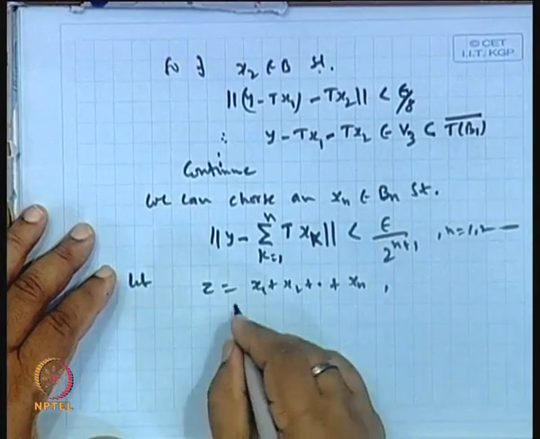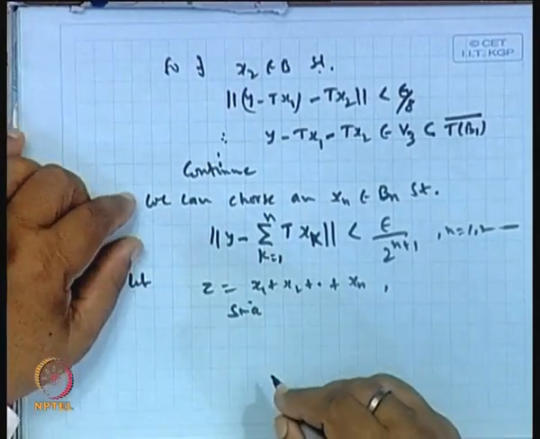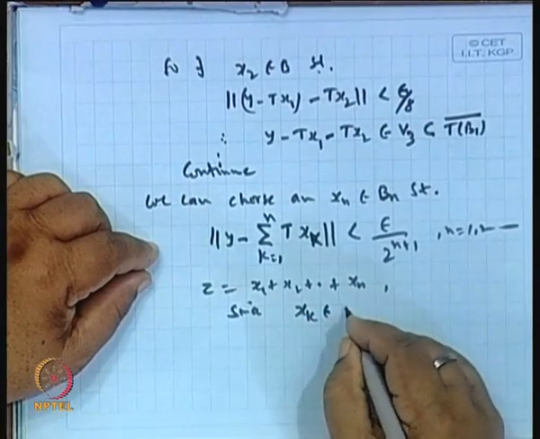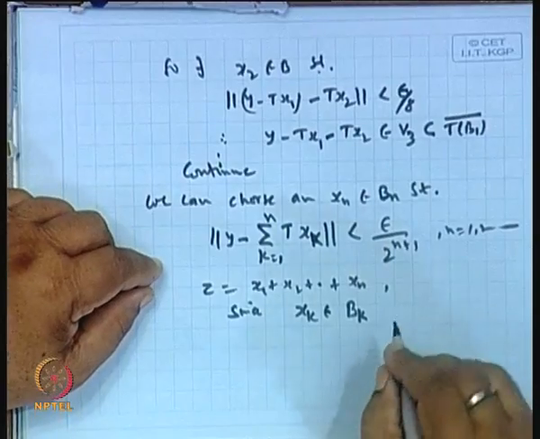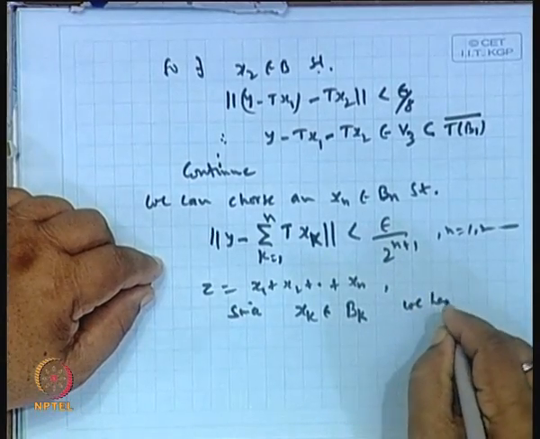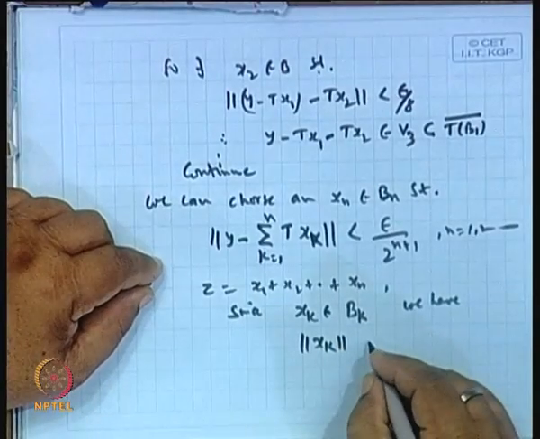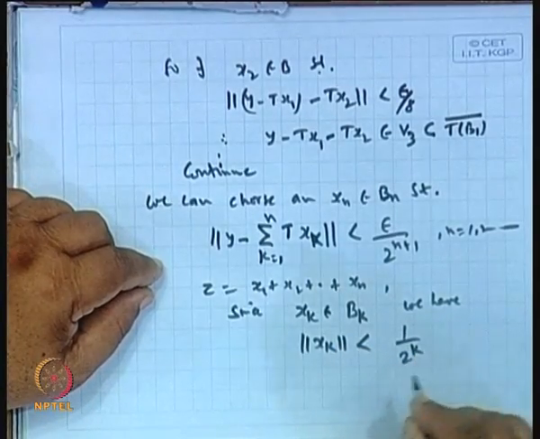Since x k belongs to B k, because these are the centers, the norm of x k is less than 1 by 2 to the power k.